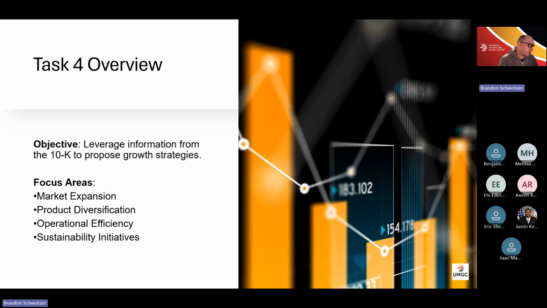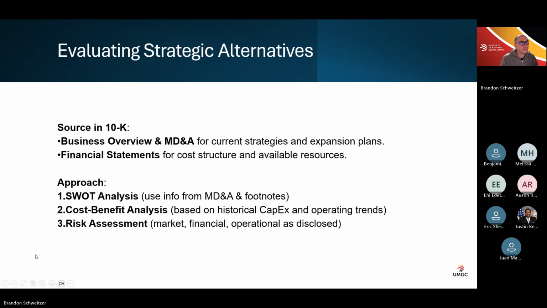It's also important to look at the risk factors and forward-looking statements in the 10K report. These oftentimes reveal potential challenges and opportunities for the company. When it comes to evaluating strategic alternatives and looking at the 10K report, I like to look at the business overview and management discussion and analysis sections for current strategies and expansion plans.